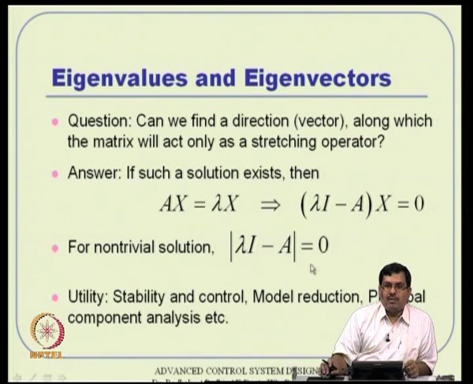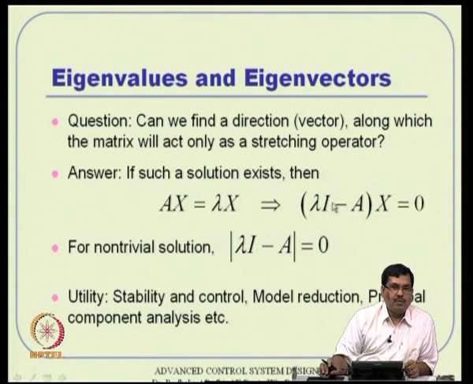So, for a non-trivial solution, this will have a solution provided the coefficient matrix is singular. You may have infinite solutions, by the way, because if the coefficient matrix goes singular, the rank of the matrix reduces.